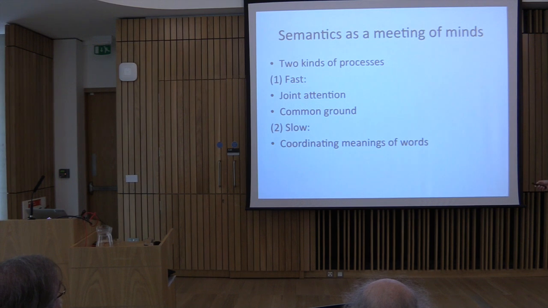And then we have the slow coordination of words, and that is when we learn the meanings of ordinary words, like nouns and adjectives and so on. And actually, there are some word classes that work with the fast process.